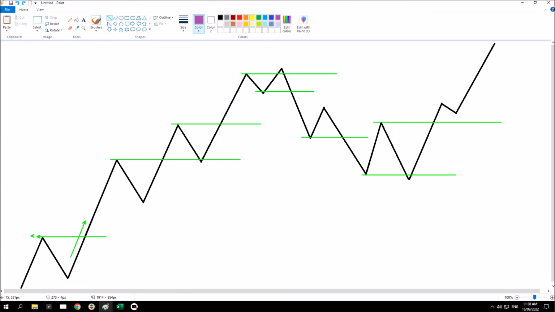Price has broken out above the breakout line. Price has failed at the breakout line, and it's broken down below the previous low.